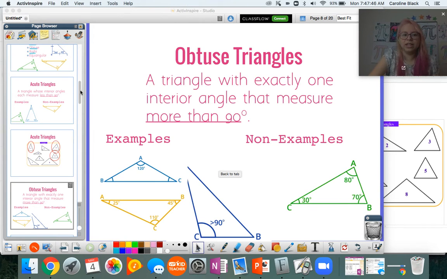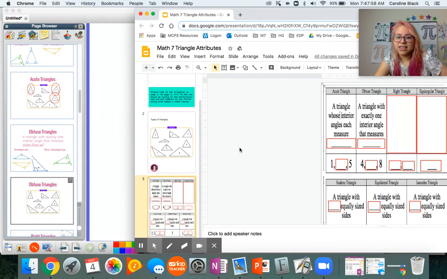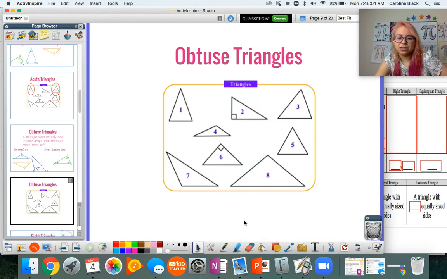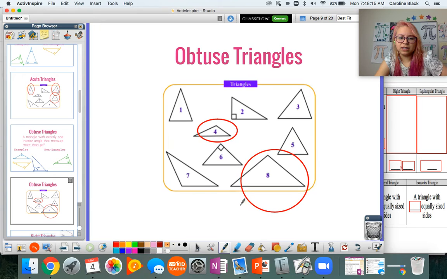All right, so looking at our worksheet, our capture sheet. Which one of these are obtuse triangles? Now they give us 4 and 8. So let's look at 4 and 8. 8 is kind of hard to see, but this is more than 90, and this one's also more than 90.